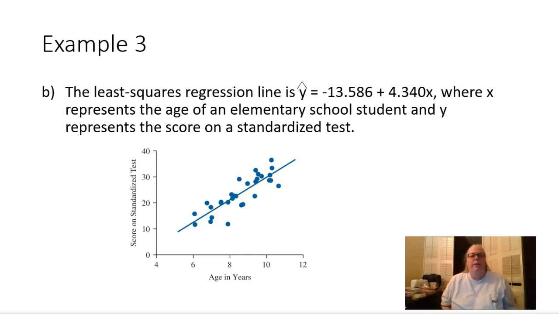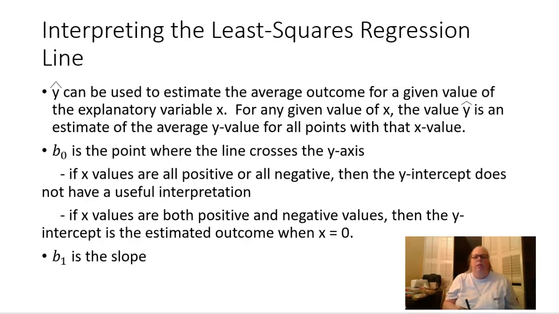Still on example 3, this is part B. The least squares regression line is y hat is equal to negative 13.586 plus 4.340x, where x represents the age of an elementary school student and y represents the score on a standardized test. All right, let's back up a few slides to this comment right here.